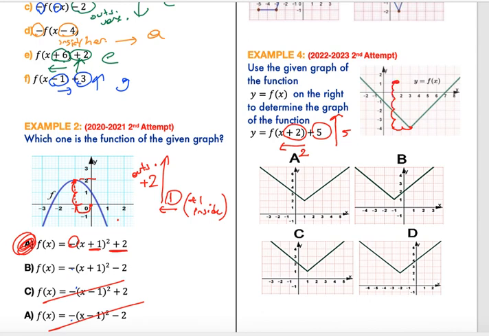So here is my new vertex. So this is how our new function will look. In which option do we have this? Our new vertex would be located at 1, 1. Here I am. C, option C.